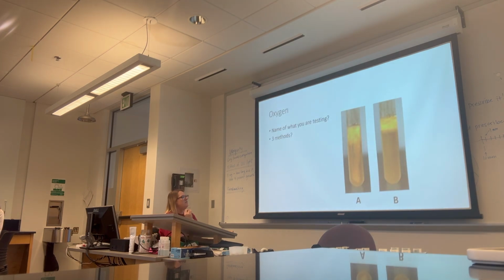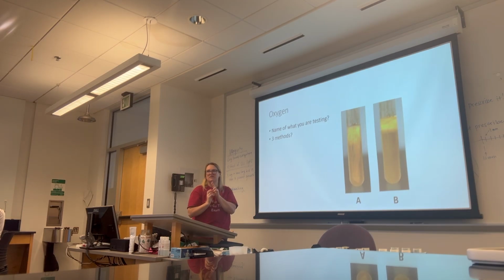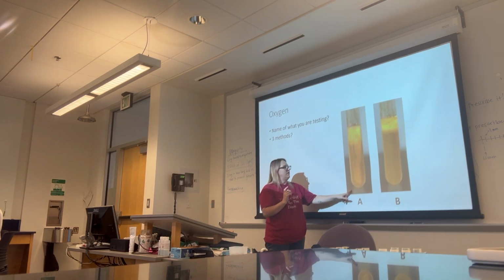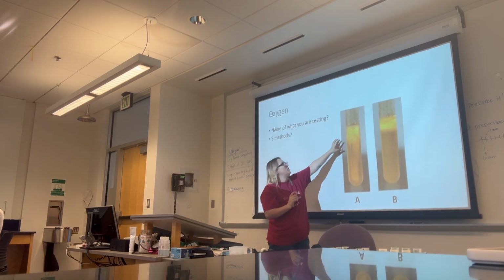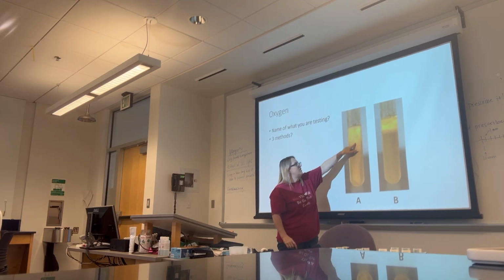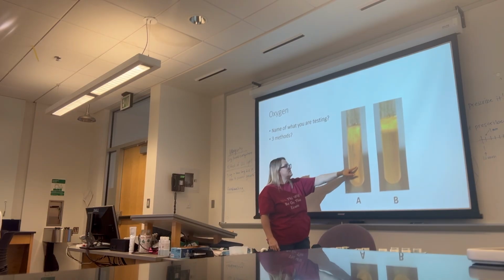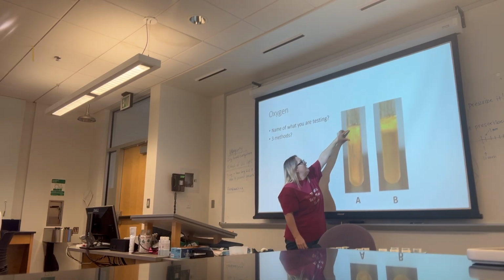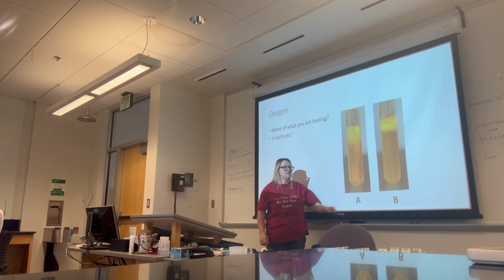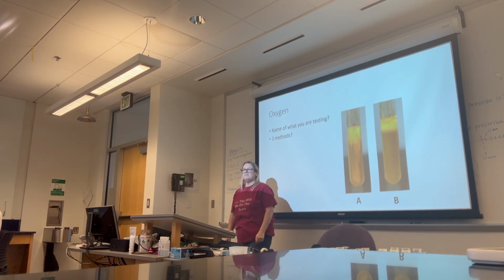Okay, so if I were to ask you to use 2 words to describe the results in this tube, we have growth here, and then there's some growth down here. I know it's kind of hard to see that on this screen. So what are 2 words to use to describe that organism?